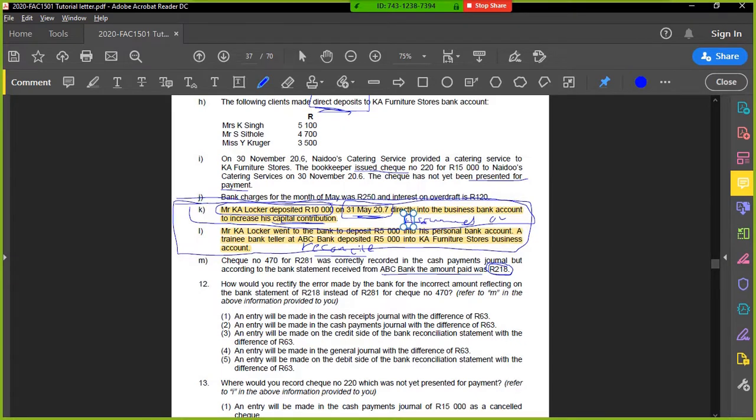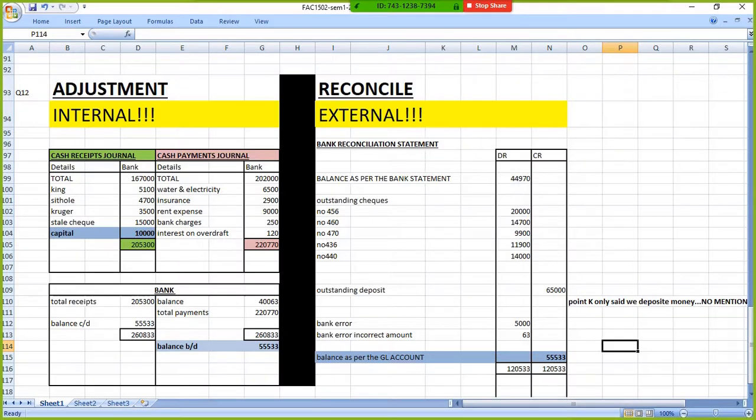It's a double, because if I process something here when I should have processed it there, I'm doubling it. So your bank account in the internal records has to match the bank account in the external records. Yes, always. So what you see here has to always match up with there. That's why I know if I've got this right or not.